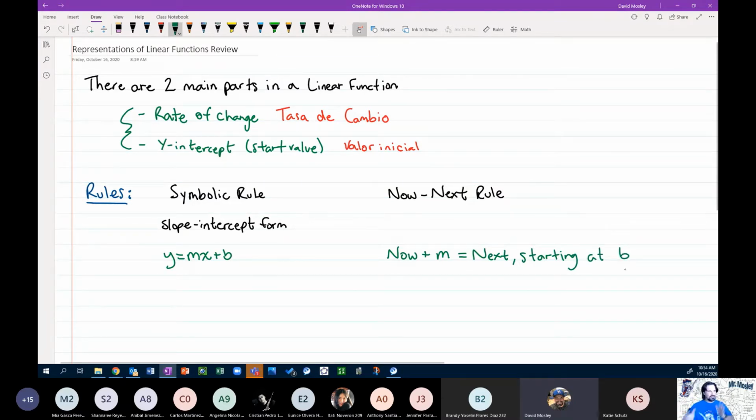I'm using the same letters as we see in the symbolic rule.